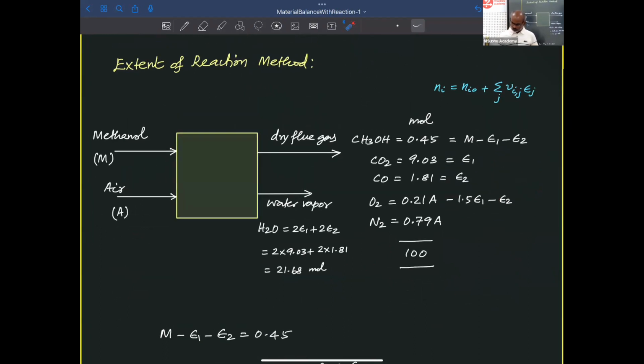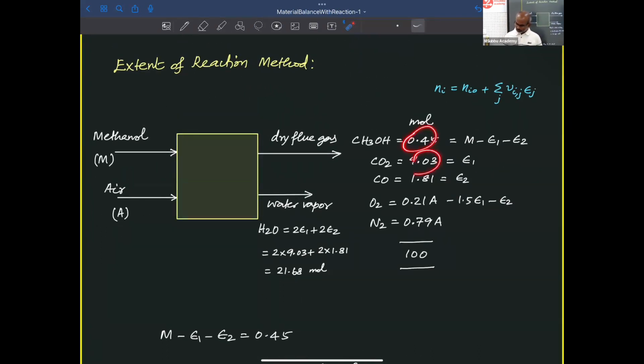Okay, so now we have written these things based on the given data, as well as from the usage of this formula: moles of a constituent is the initial moles present plus what is getting consumed or produced. So from that, we have these equations as well.